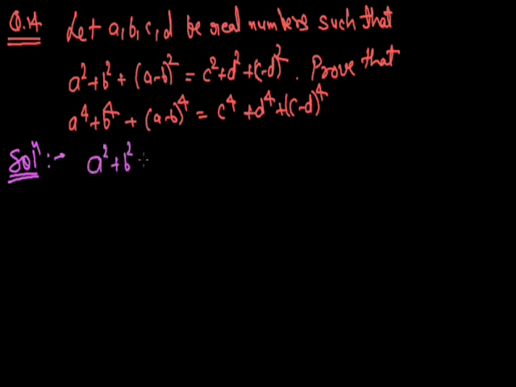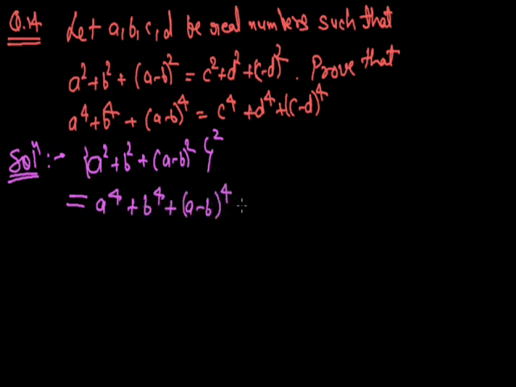Let us have the solution of the given question. We have given A square plus B square plus (A minus B) whole square. If we square the whole term, then by the formula of (x plus y plus z) whole square, we get A raised to power 4 plus B raised to power 4 plus (A minus B) whole power 4 plus 2A square B square plus 2A square into (A minus B) whole square plus 2B square (A minus B) whole square.